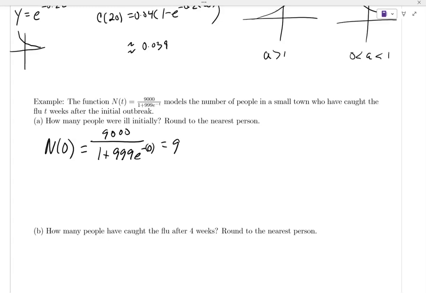So this would be, just to give a context of something where this might actually matter. Say you've got a group of people coming over from a foreign country on an airplane, and maybe they caught something in a different country. 9 of them were sick on the plane. So now you've got 9 people introduced into the population that were ill.